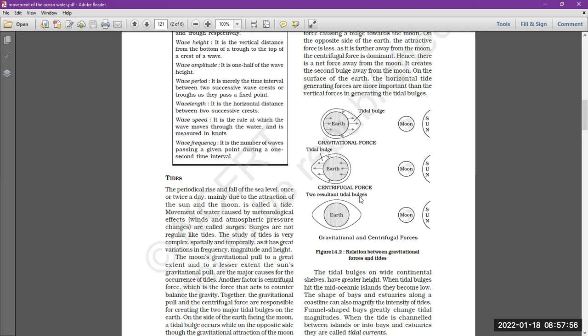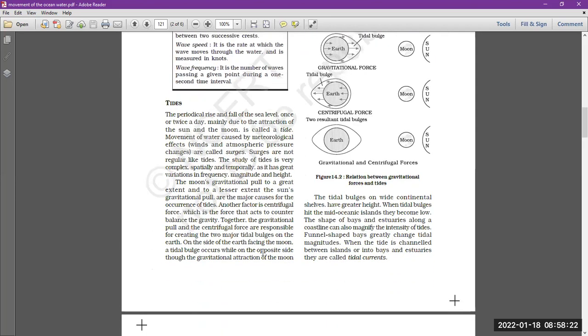Now the resultant tide: if we see both gravitational force and centrifugal force together, you can see there are two bulges. On this side, one bulge, and on the other facing side, the second bulge. The first is due to the gravitational force and the second is due to the centrifugal force.